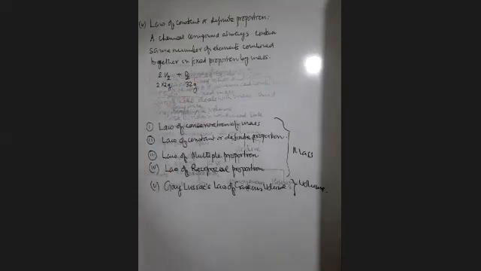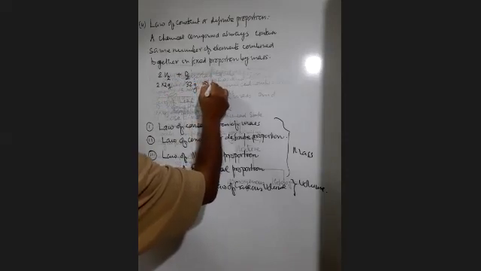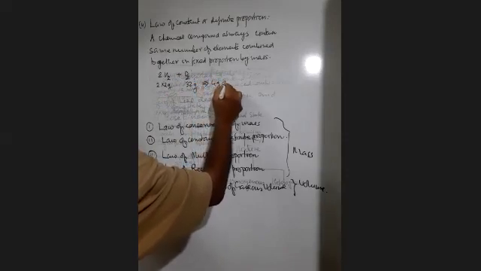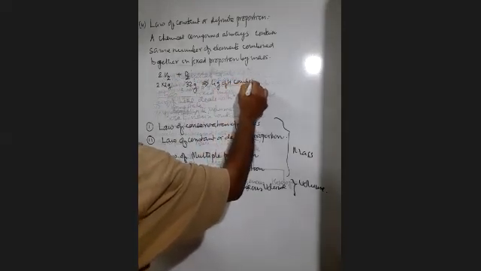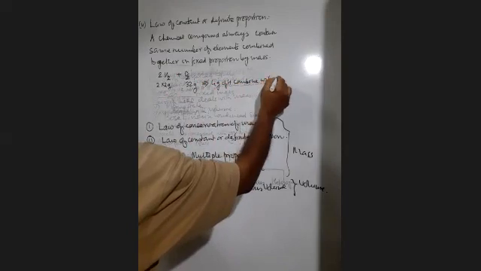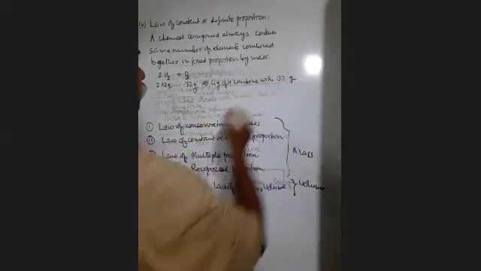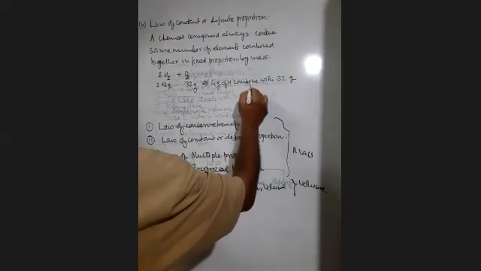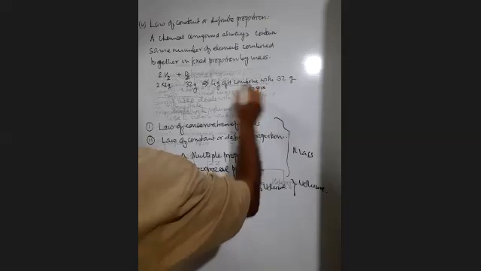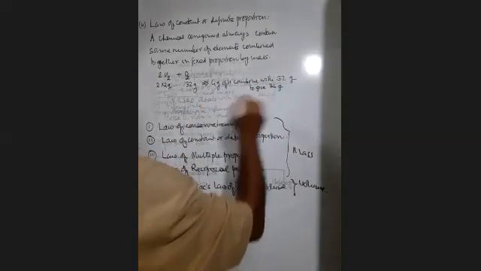So what do you find here? That is 4 gram of hydrogen combined with 32 gram of oxygen to give 36 gram of water.